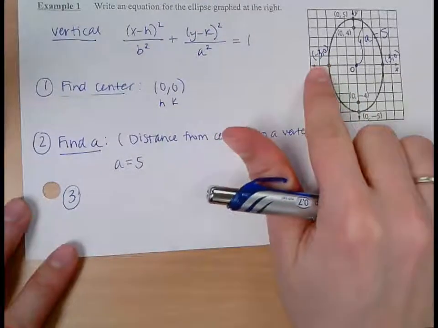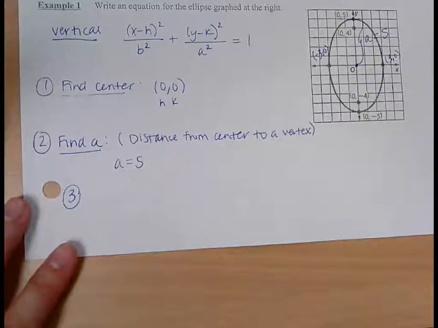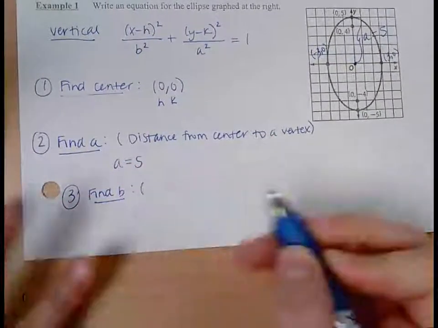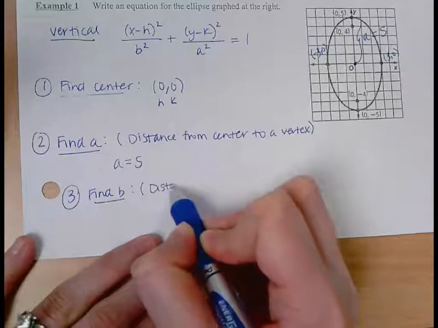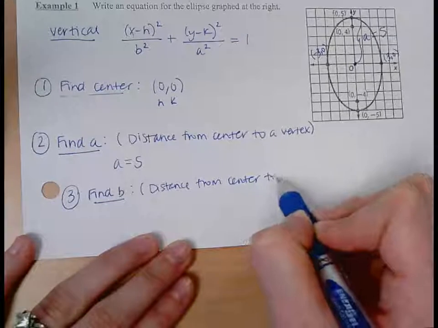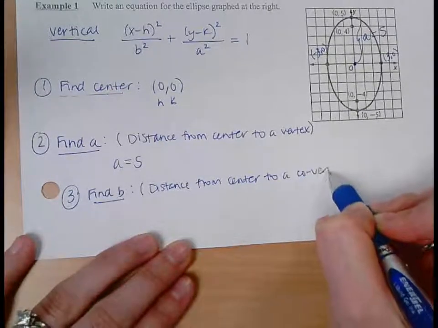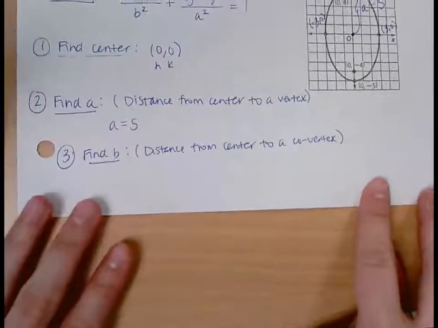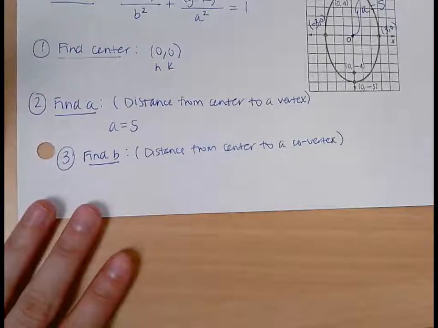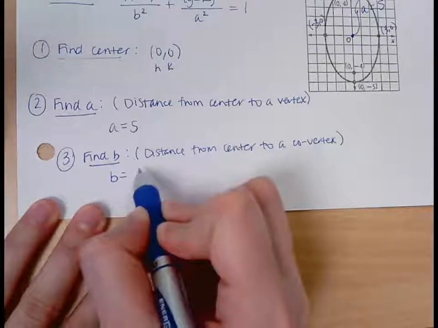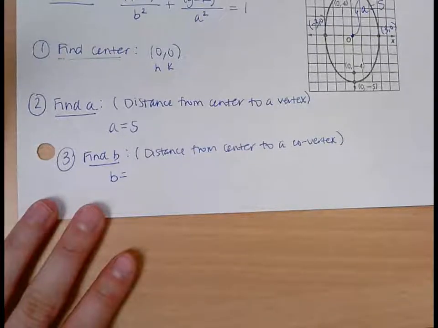So if you are given the points of the vertices to find B, all you would need is the distance from the center to a co-vertex. Just like we found A by finding the distance from the center to a vertex, the center to a co-vertex is your value of B. So what would the value of B be for this ellipse?